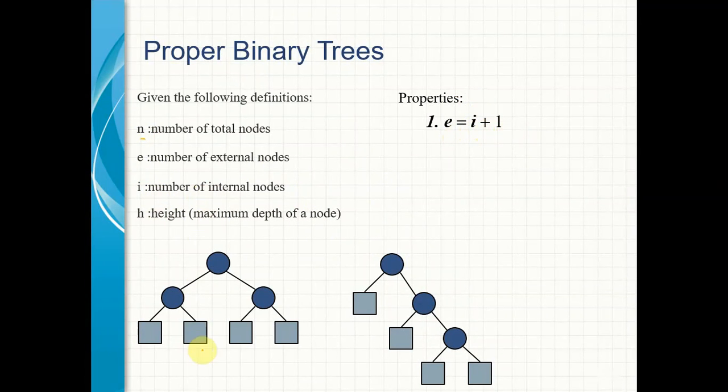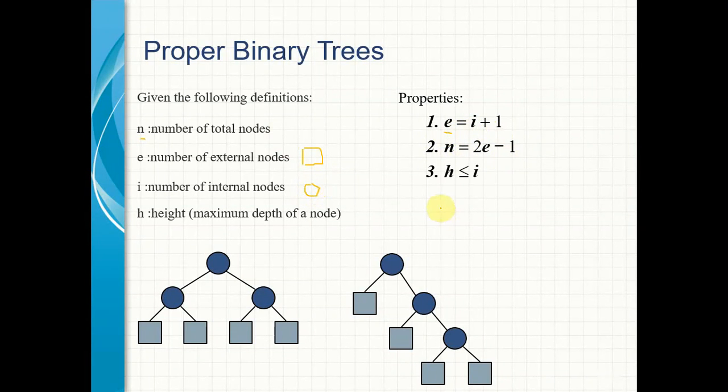You can see that all the squares here are external nodes, all the circles are internal nodes. So E must be equal to I plus 1. And with simple calculation, the total number of nodes n is equal to I plus E, therefore n will be equal to 2E minus 1.